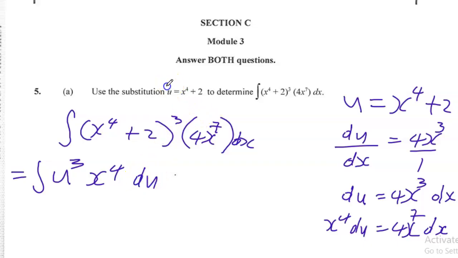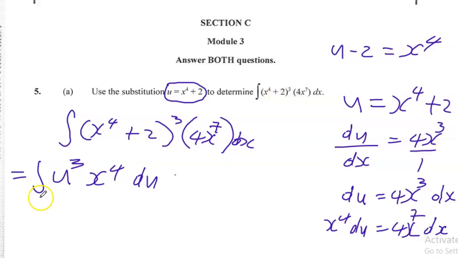So from here, remember, we don't want any x in the new expression. So x to the power of 4, if you subtract 2 from both sides, x to the power of 4 is actually u minus 2. Alright?